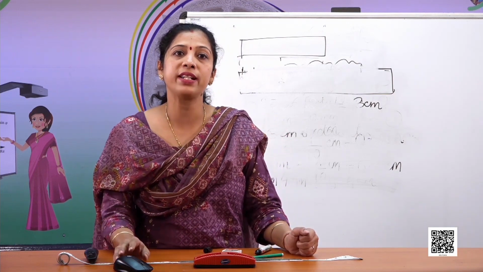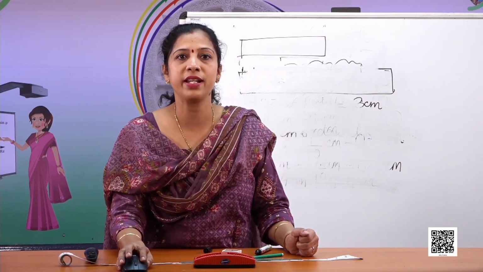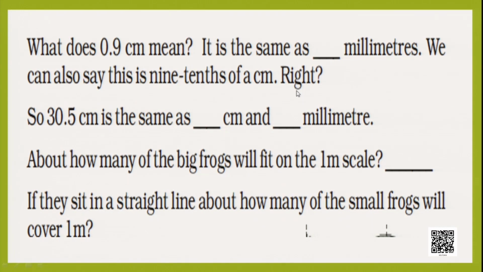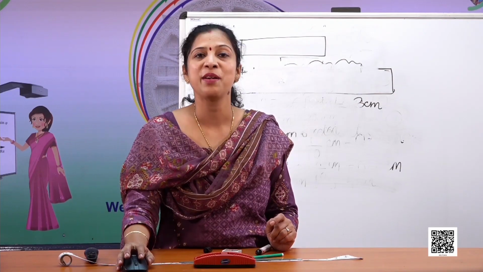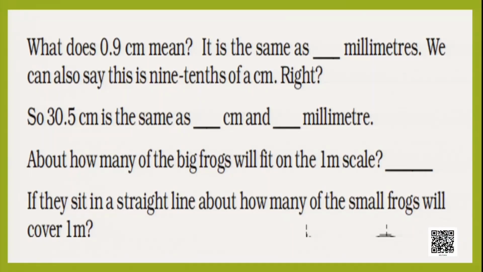So now you would know what 0.9 centimeter means. It is the same as, yes, your guess is correct, 9 millimeter, because 0.9 centimeter is nothing but 9 millimeters. And we can also tell this as 9/10 of a centimeter, that is 9 parts out of 10 parts.